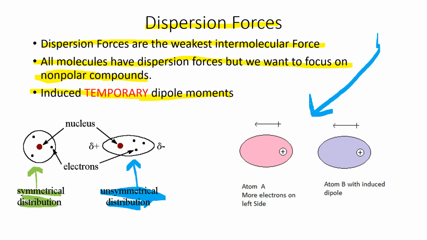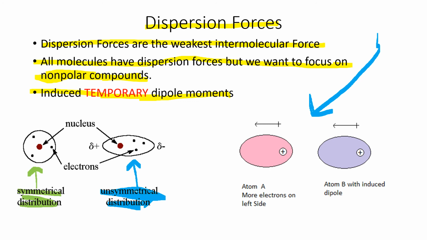The purple molecule, even if it started out as symmetrically distributed, as soon as that unsymmetrical distribution happens in the pink molecule, I'm going to get a positive end and a negative end, very, very tiny partial positives, partial negatives. That partial positive end on the pink molecule is going to force the electrons in that purple molecule to flow to the left-hand side of that purple molecule. What happened in atom A, that pink one, forced a change in molecule B.